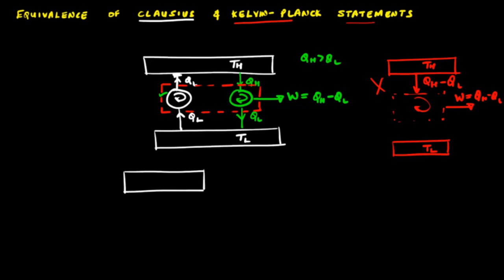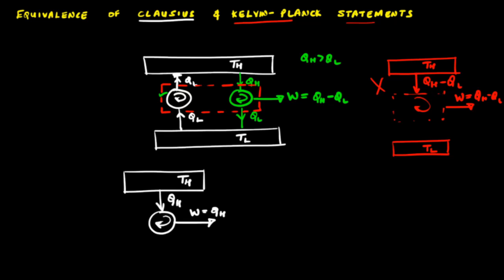So recall that the Kelvin-Planck statement says that you cannot have a heat engine that operates in a cycle which takes heat from a single thermal reservoir to produce work. So such a heat engine is not allowed by the Kelvin-Planck statement.